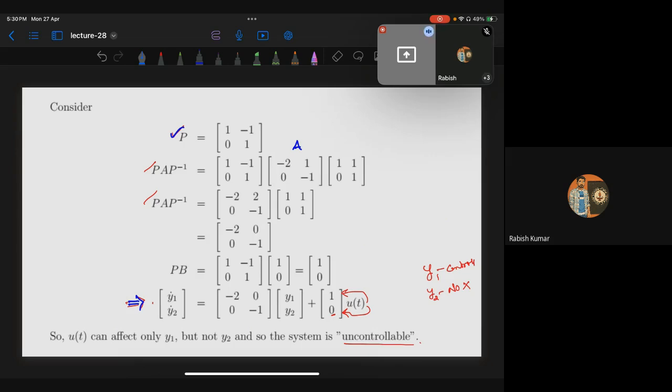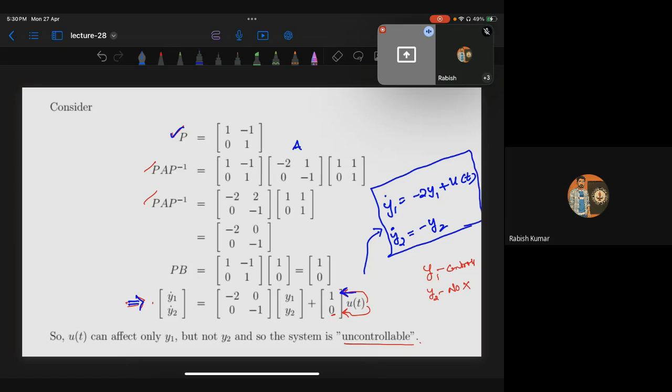First equation, what does it indicate? y1 dot equals minus 2y1 plus u of t. Am I correct? What is y2 dot? Minus y2. That's it. Am I correct? Yes or no? Yes, sir.